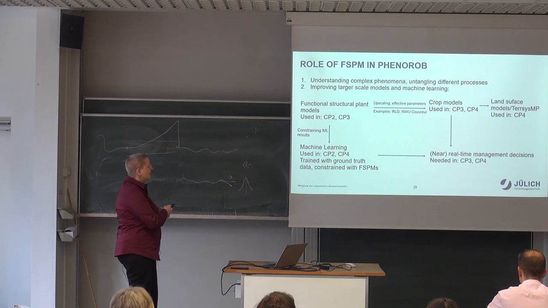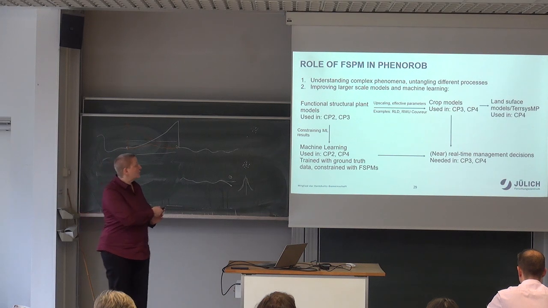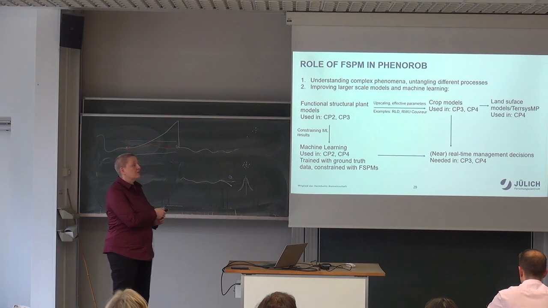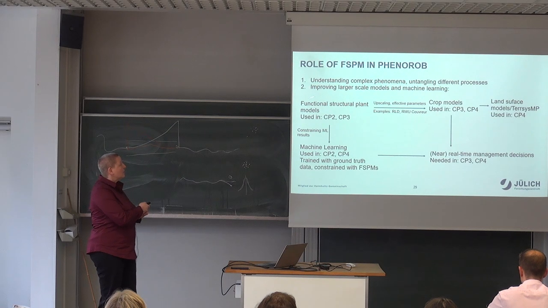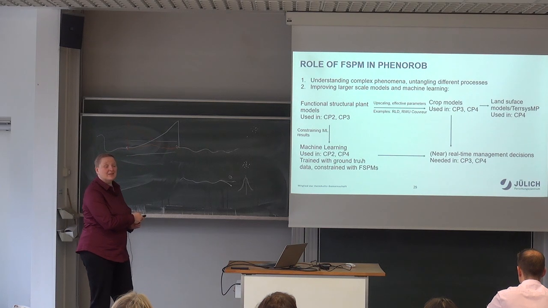And then here, this path, there we have a PhD student starting soon in CP2, which will sit in between these two topics. So he will work on the functional structural plant models part, but he will also at least be a user of the machine learning part. But also here, I think there is a lot of communication that's still needed.